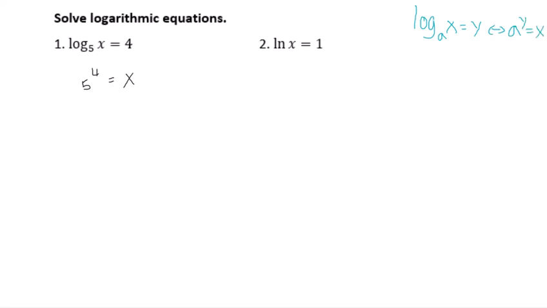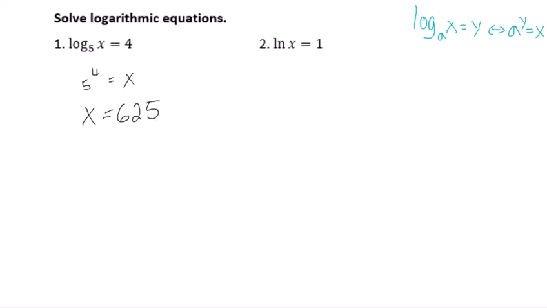And so if we can switch between the two forms, sometimes it's easier and helps us with this. Now, since 5 to the 4th is 625, x equals 625.